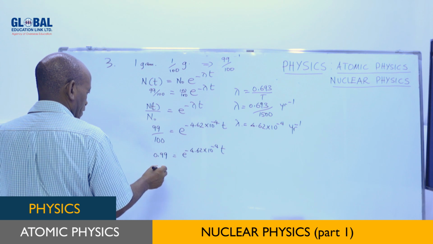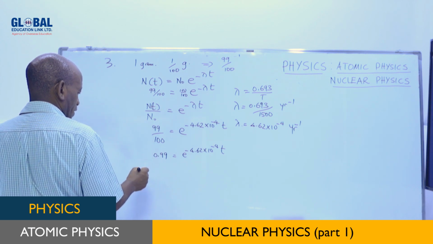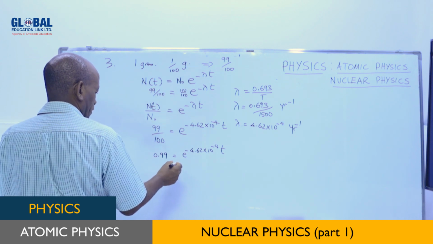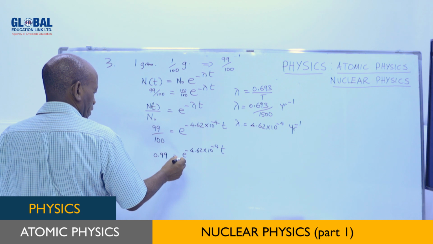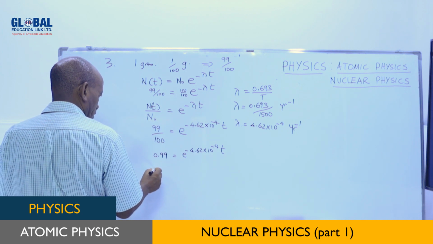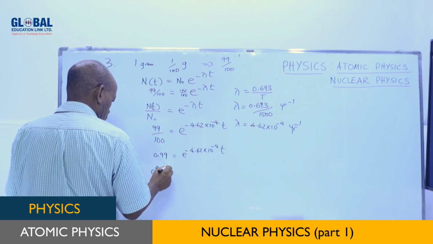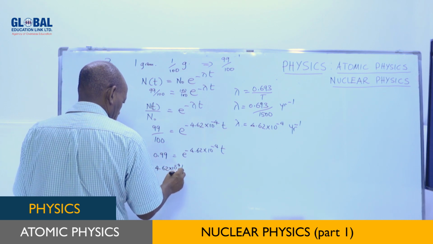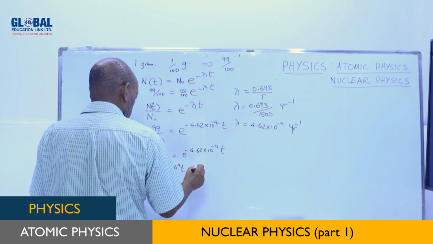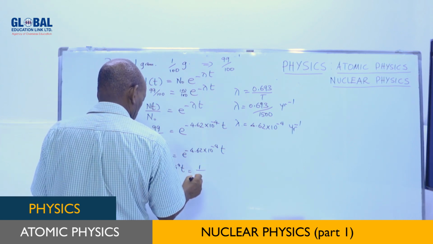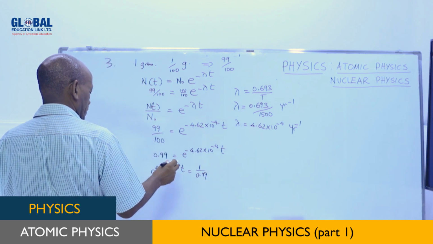So if I take the natural log of both sides, I'll be having e power 4.62 times 10 power negative 4 t equal to 1 over 0.99.